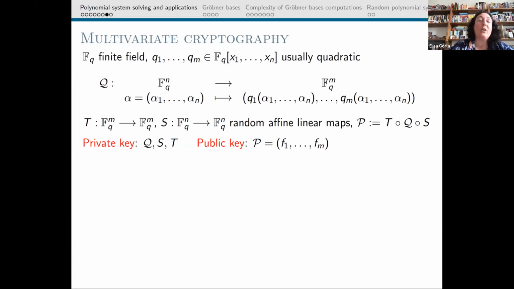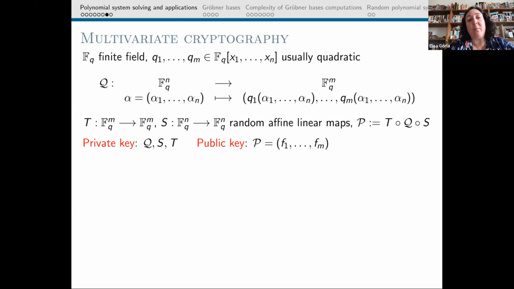The idea in post-quantum cryptography being that if a quantum computer were to be built, the public key cryptosystems that we use nowadays, which are based on the discrete logarithm problem and factoring, will become useless because these problems will become easy to solve.